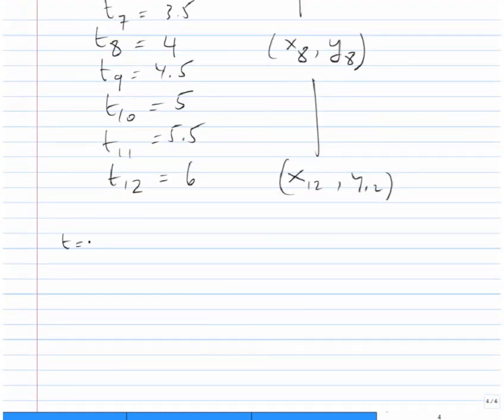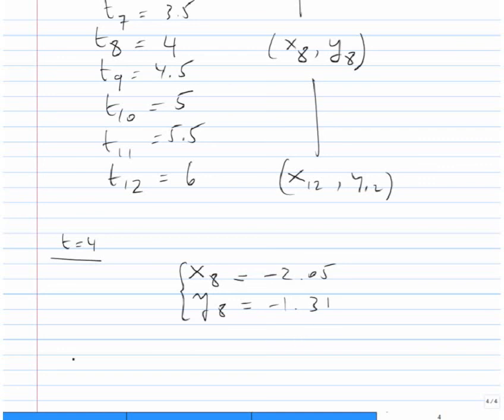For t equal 4, which corresponds to t8, n equal 8, x8 will be equal to minus 2.05, y8 will be equal to minus 1.31.